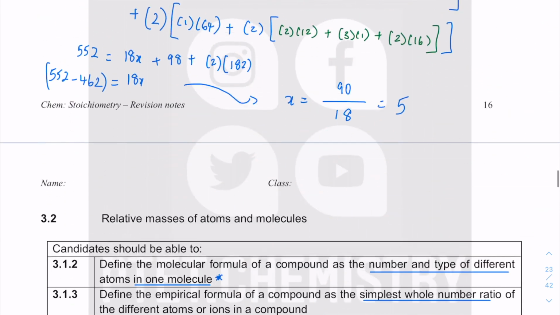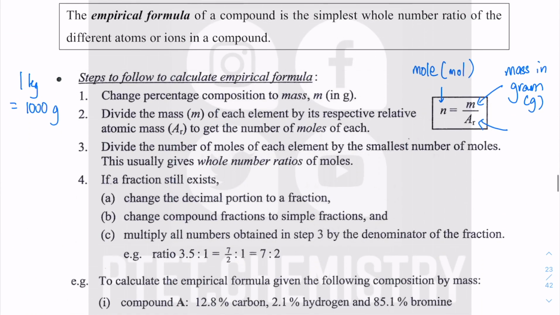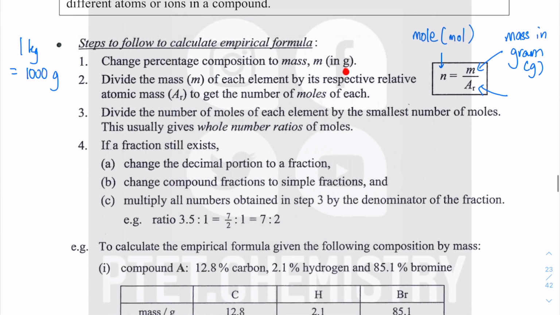Going back to molecular and empirical formula, these are just a couple of steps to do all of this. I'm not going to read through each and every one, but just to highlight the concept of relative atomic mass, it has a unit of gram per mole. So we're going to show you a little bit of maths. If you have mass in gram, divided by gram per mole, what does this mean?